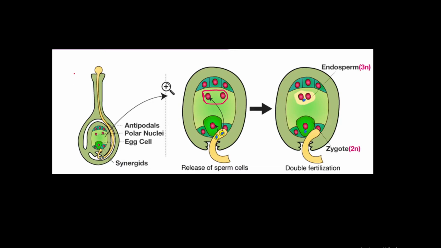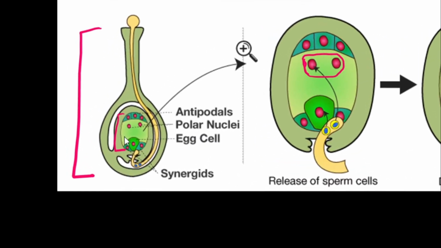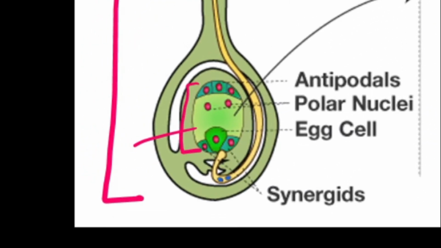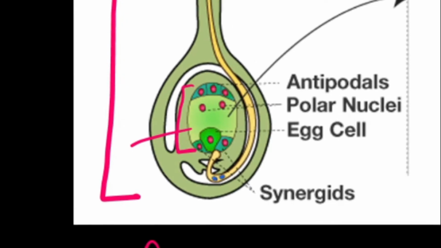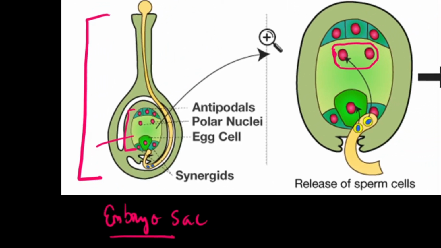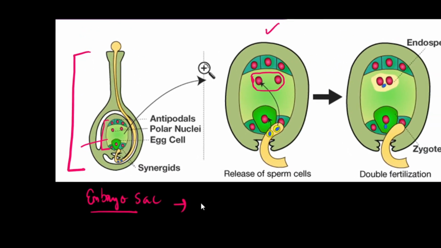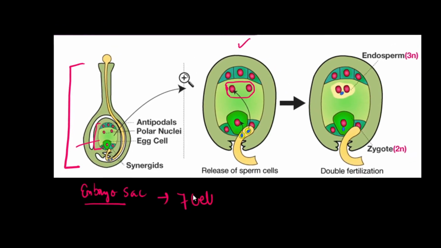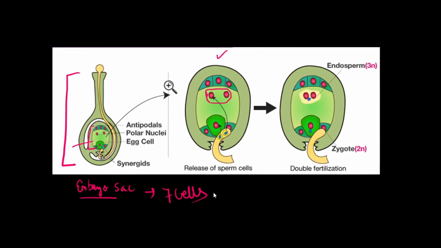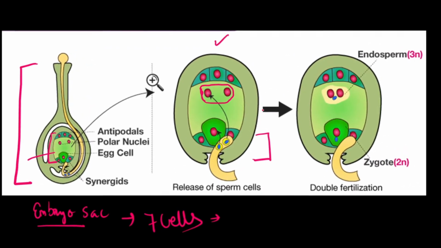So this is how the actual diagram of the pistil looks. This portion you're looking at is the embryo sac. Here you can observe that it consists of 7 cells. This end of the embryo sac is considered the micropylar end.